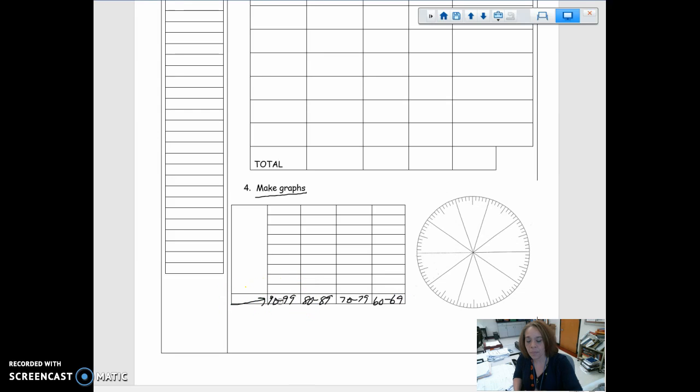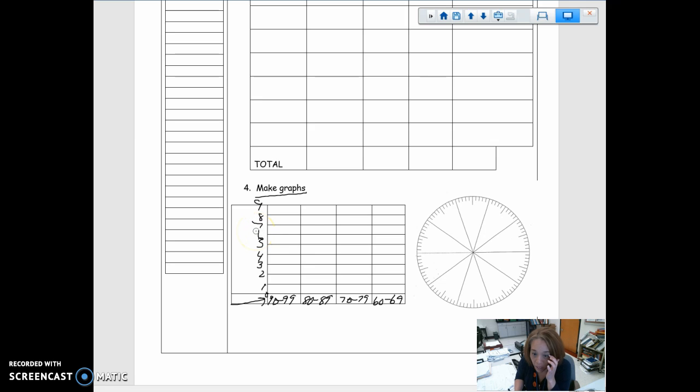And going up the side, I'm going to call this the y-axis actually. I'm going to call this 0, 1, 2, 3, 4, 5, 6, 7, 8, and 9, because I think I'm going to need all of those to be able to complete this table right here. All right. So now looking at this, how many scores fell between 90 and 99, if you remember from our data?